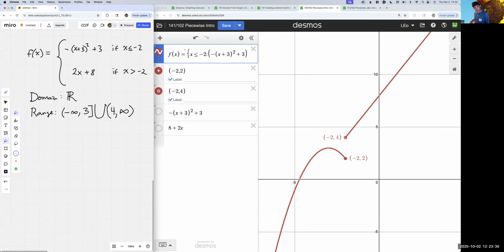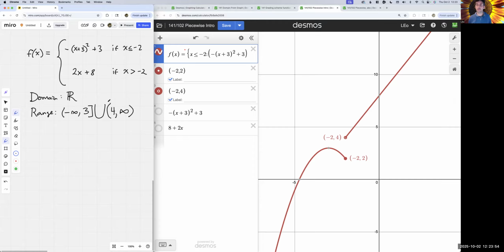So this is a very strange sort of range, with all the numbers below 3, including 3, and then all the numbers greater than 4, excluding 4. Okay, so we just have to dig through this picture to understand what's going on there.